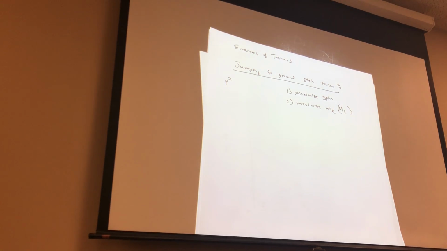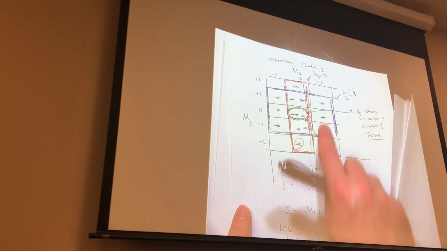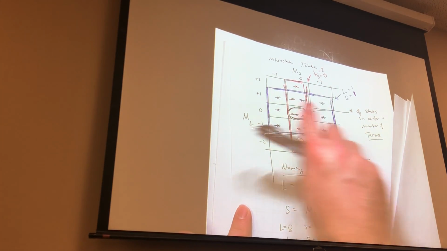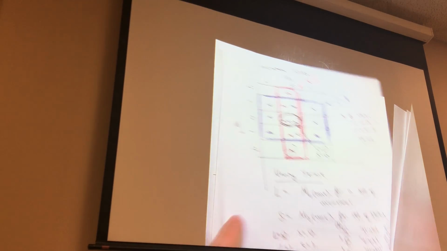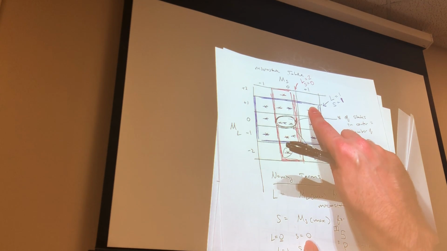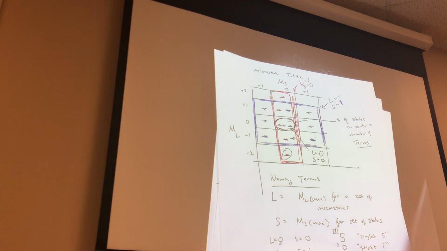And if you do both of those things at the same time, what you've really done is you've figured out the answer to this box, the one with the highest M sub S and the one with the highest M sub L, right? And this defines your ground state term. Because this is the thing with the highest multiplicity and also the highest angular momentum, right? It's going to be your ground state term.